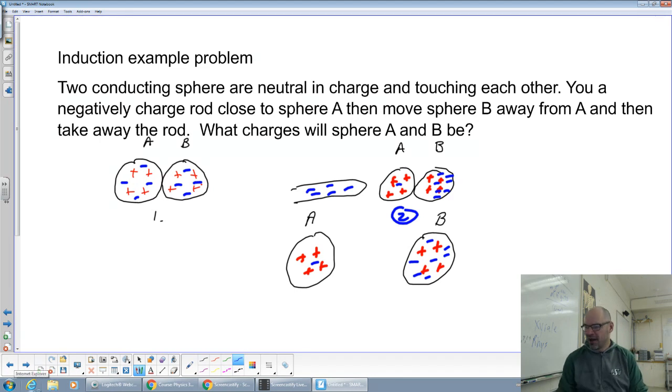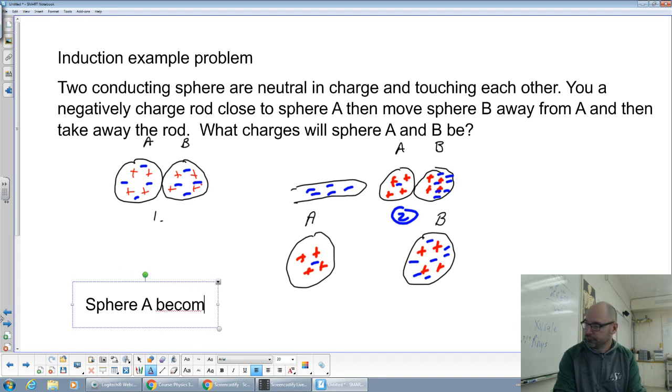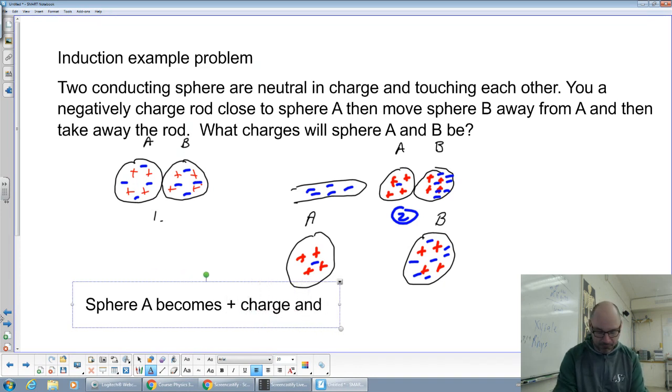So what we then have is a positive A. Sphere A becomes positive. Sphere B becomes negative.